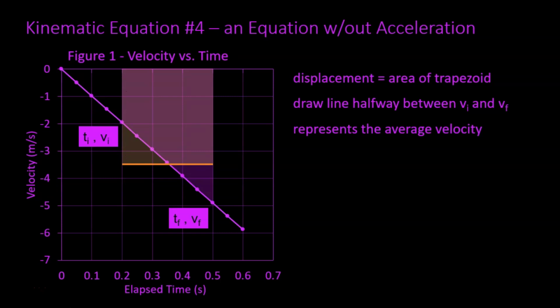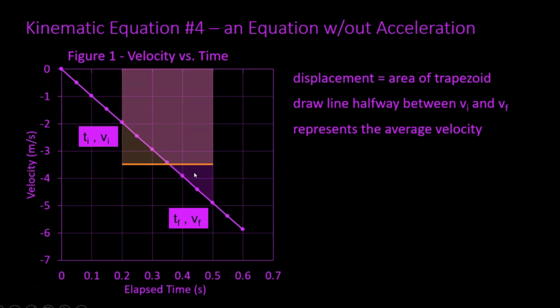I'm going to go ahead and draw a rectangle area using the average velocity line. And let's look at the area of this rectangle compared to the area of the trapezoid. Well, if we look right here, the trapezoid has some extra area. This is an extra area that is not in the rectangle. But if we go over here, this triangle is some extra area that the rectangle has that the trapezoid doesn't have.